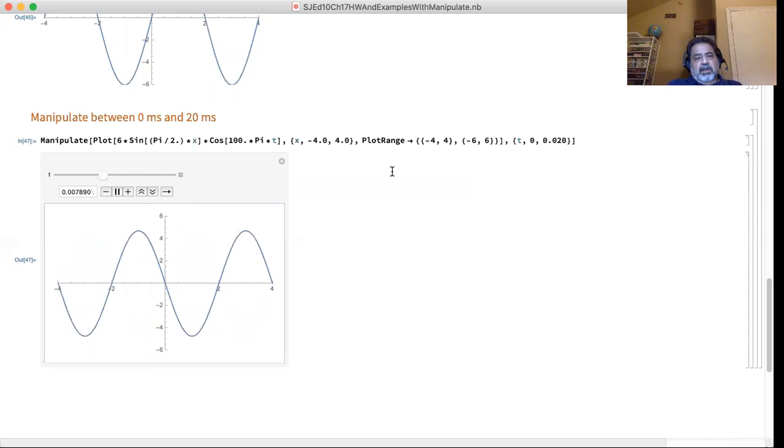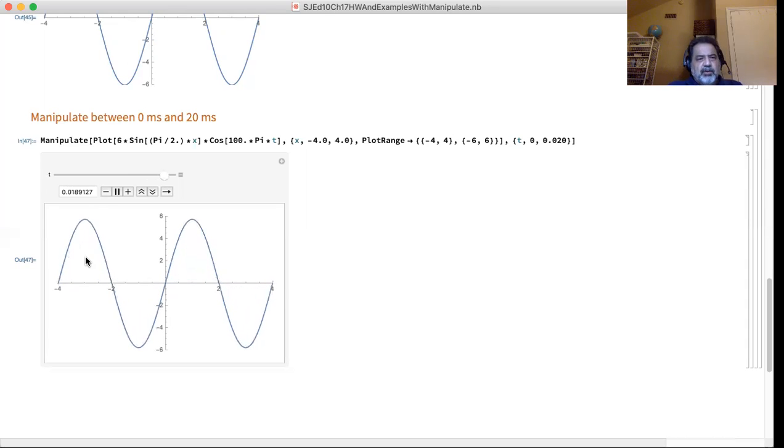Yes, we have an oscillatory wave, but the zero crossings remain zero. If you were to pick any other point, let's say on this first peak, it oscillates back and forth in simple harmonic motion.